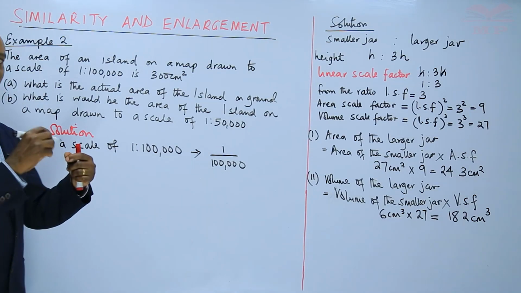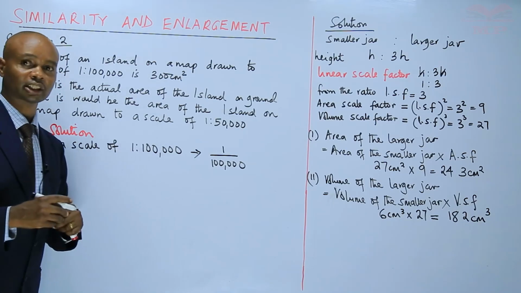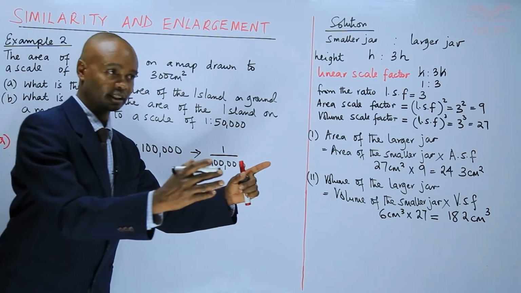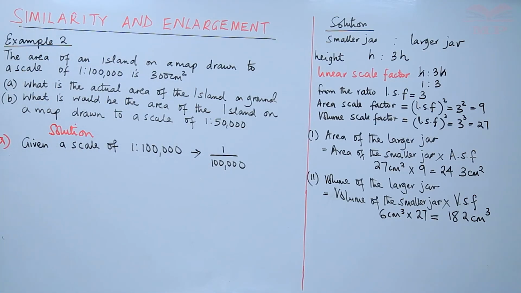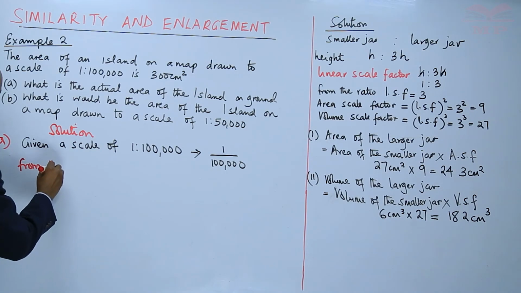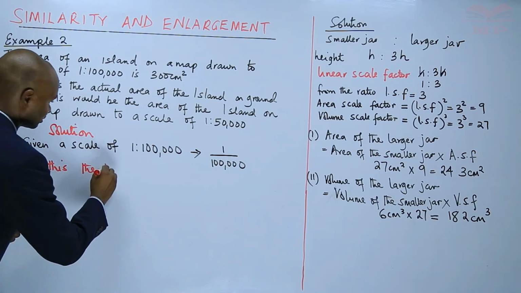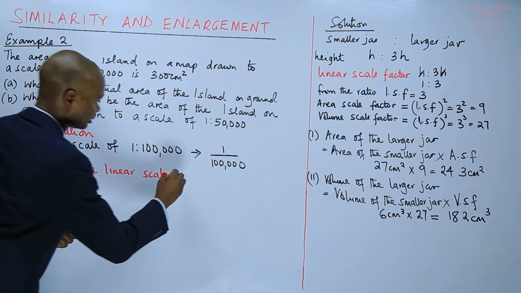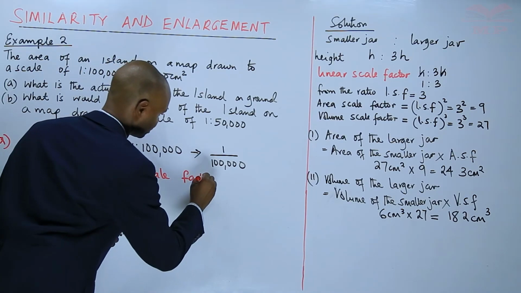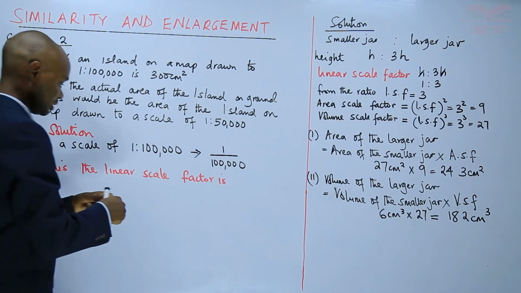So the image on the map has to be enlarged 100,000 times to get the actual image, and that gives us the linear scale factor, which is 100,000.